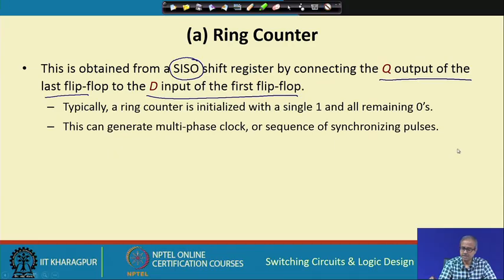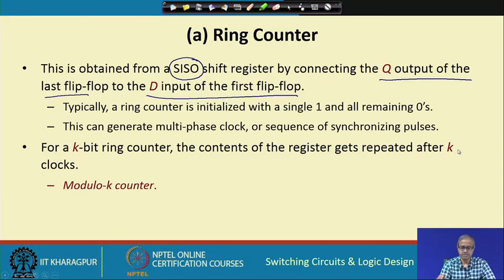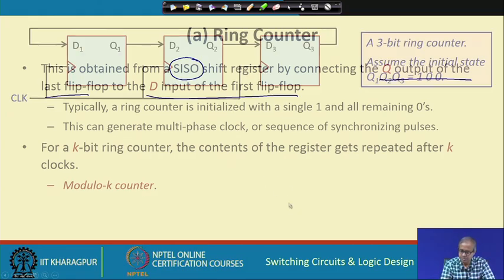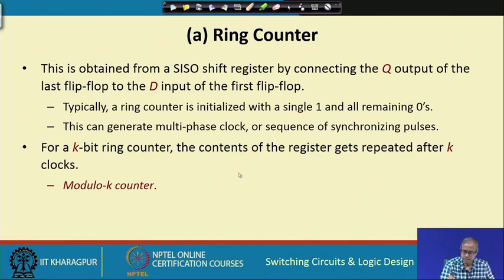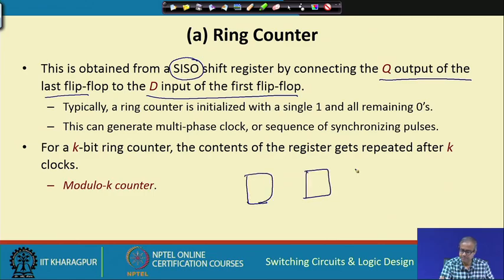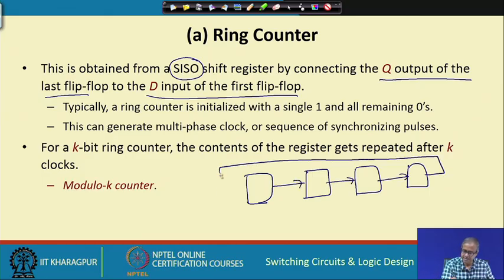So, how does it look? There are 4 stages, you just recall. There will be multiple stages of flip flops. Let the shift register be connected as usual, but the output of the last stage we feed as the input of the first stage.